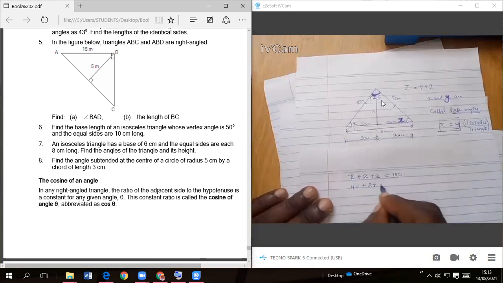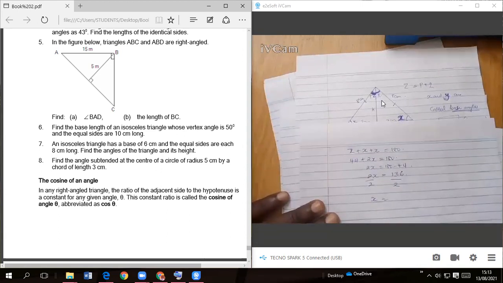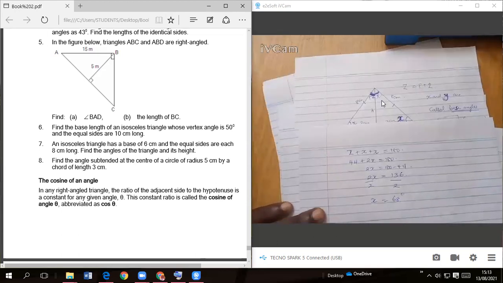So 2X is 180 minus 44, and you get 136, divided by 2, and we get 68. And my X becomes 68 degrees.